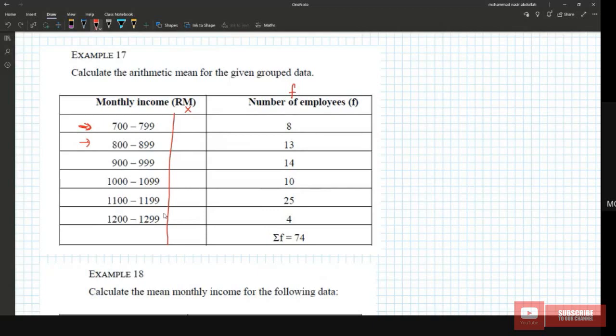So upper class boundary is 799.5. This is next 699.5. You need to add these two together, right? 799 plus 699 divided by 2, it becomes 749.5.